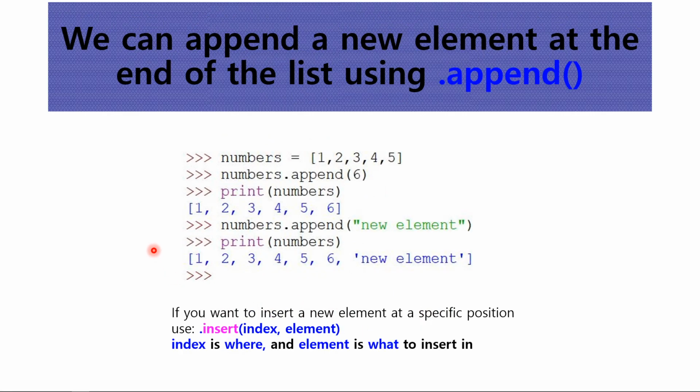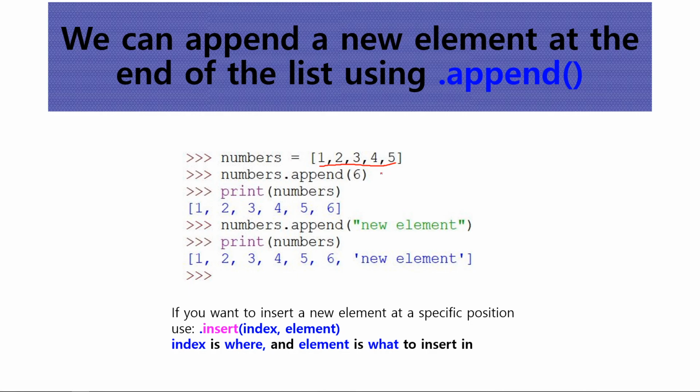Now list has other interesting methods. The first one you're looking at is append. Append is the one I find myself using quite often. What append does is take a new element and add it at the end of the list. So suppose I had this list and I wanted to add a new element.